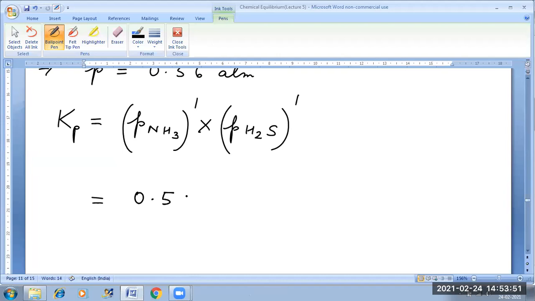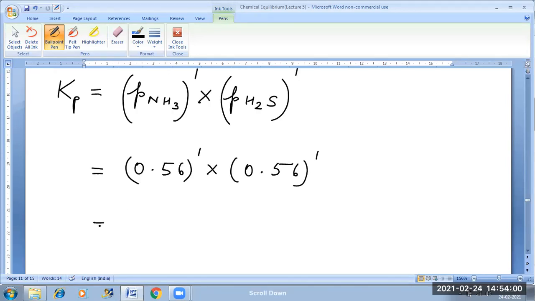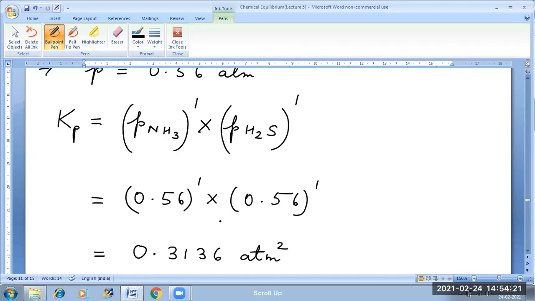So 0.56 square, that is 0.3136. Also, if I want to mention the units, atm square. So atm into atm is atm square.